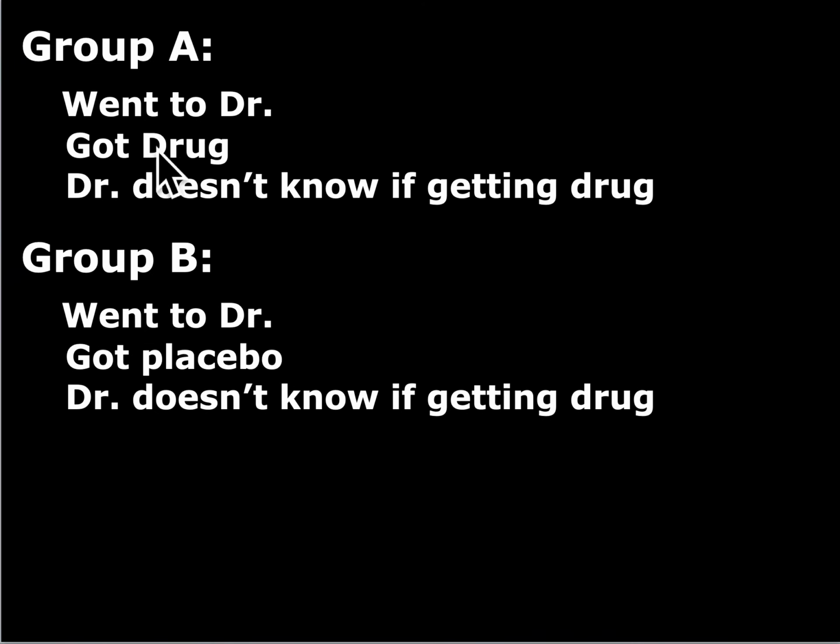And so the way you do it, now both groups go to a doctor. Okay, both go to a doctor. And in both groups, the doctor doesn't know if they're getting the drug. So the doctor's just given 100 bottles of pills that are randomized, and is told to give these to patients. Now they keep tabs on them.